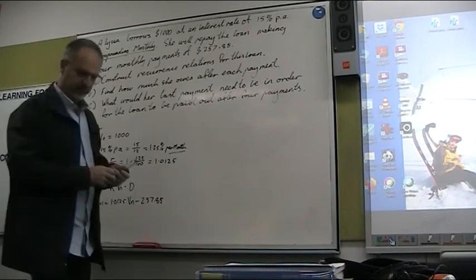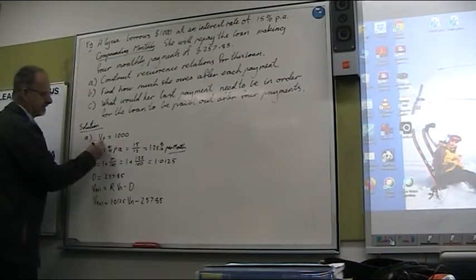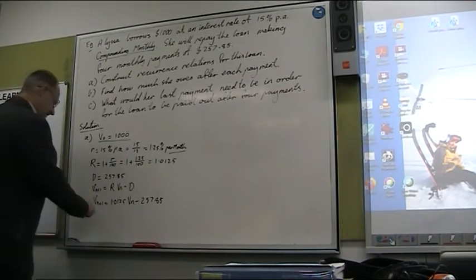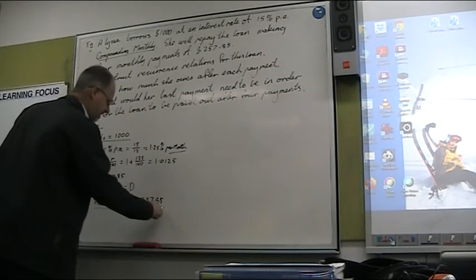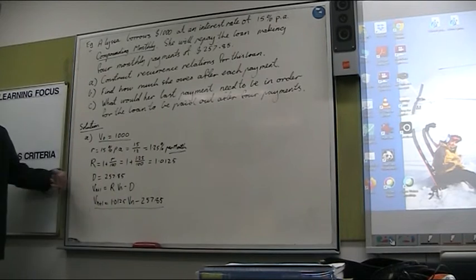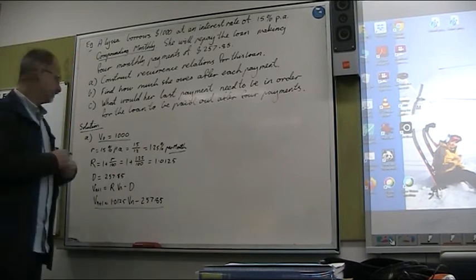So in terms of our recurrence relations, these are the two things that we need. We need to know what we're starting off with, and then how, in this case, the value each month relates to the month before. All right. So now we've got our recurrence relations, we're going to be able to do the other two.